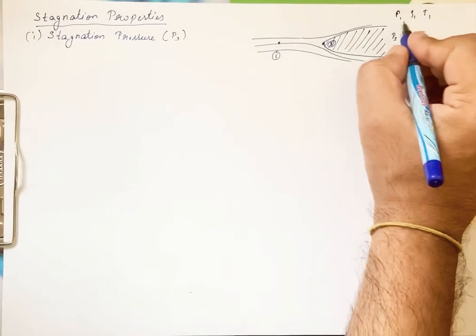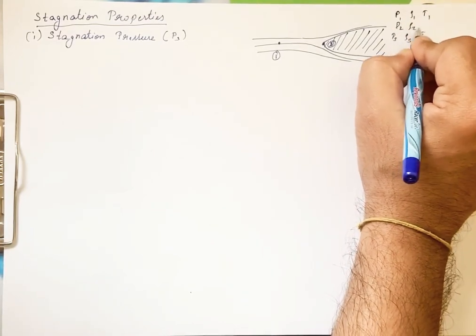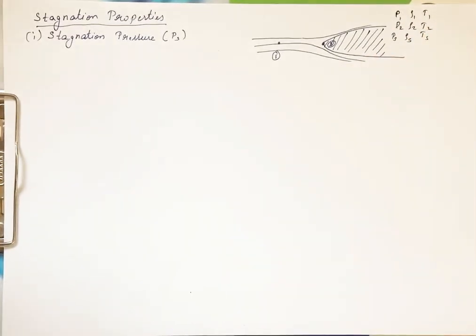Similarly, P2, rho 2, and T2 are the pressure, density, and temperature at point 2.